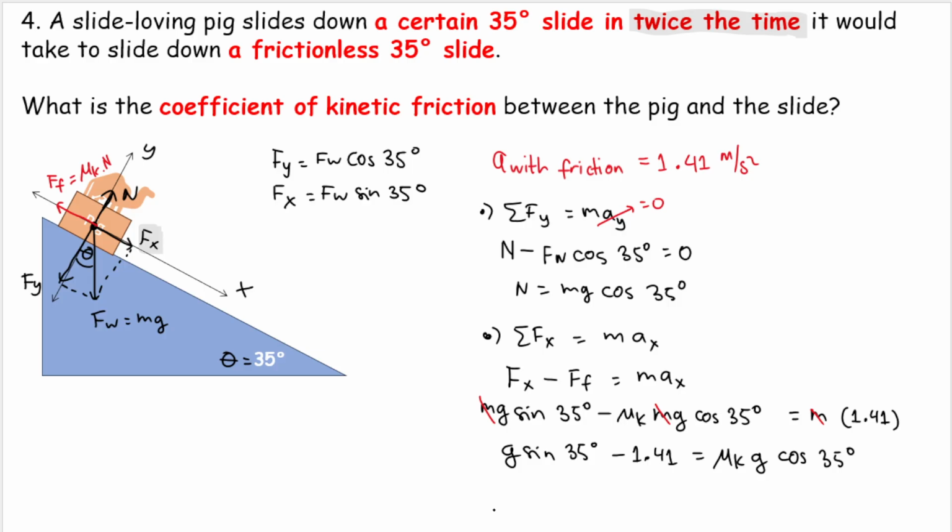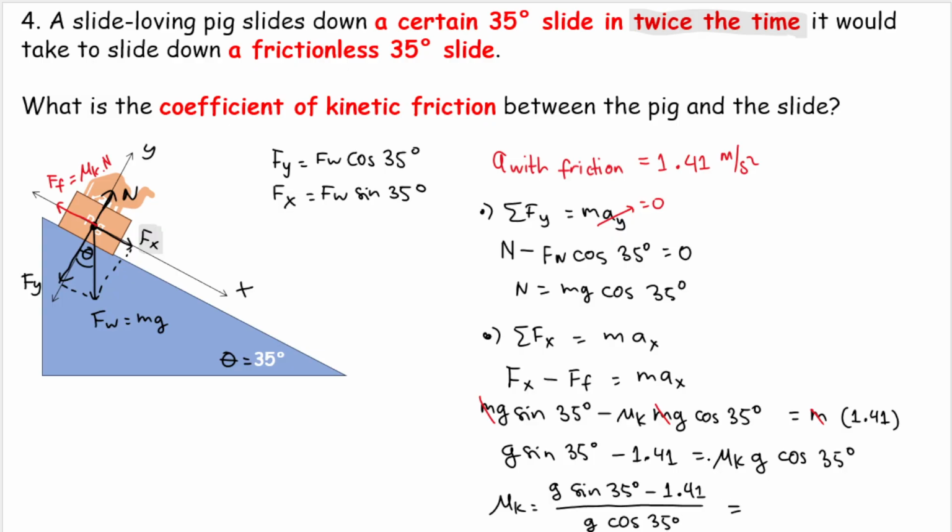Good. And so we can isolate mu k here. We'll have g sine 35 degrees minus 1.41, and then divide that by g cosine of 35 degrees.